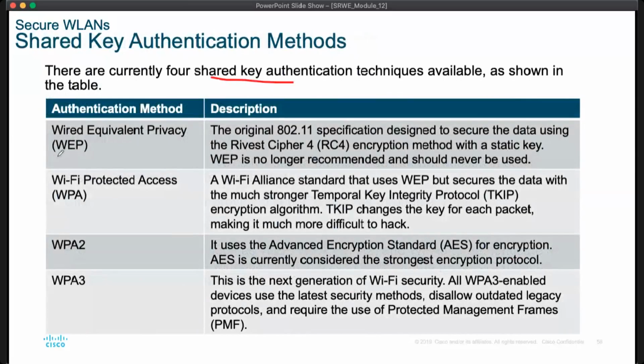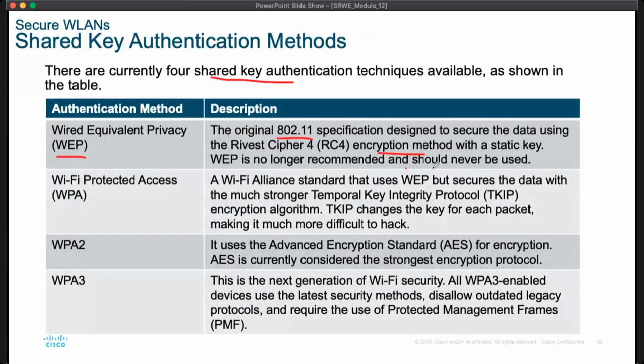First, WEP, which is Wired Equivalent Privacy. The original 802.11 specification was designed to secure the data using the Rivest Cipher 4, RC4, encryption method with a static key. WEP is no longer recommended and should never be used.